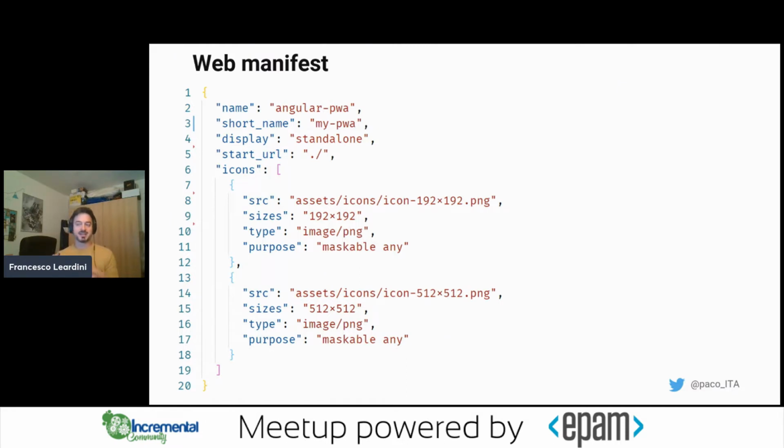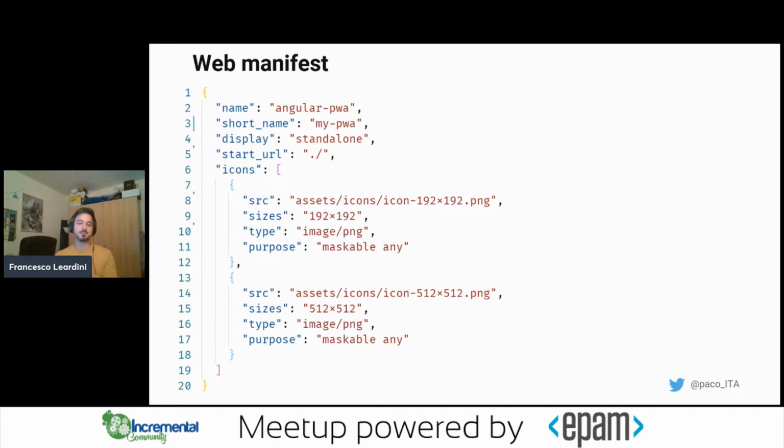Here listed are some of the fields, not all, but these fields are mandatory in order to let the browser pop up the add to home screen dialog that allows the user to click on it and have the progressive web app installed on a user device.